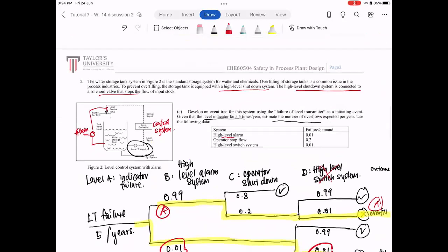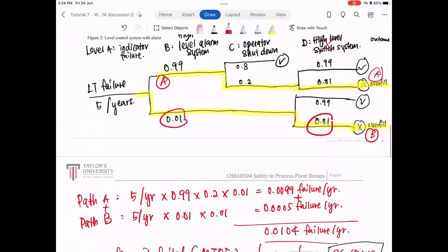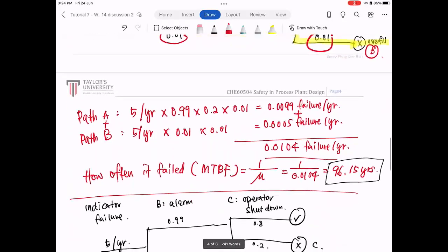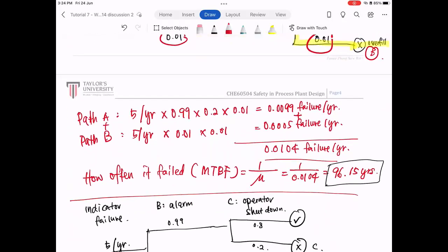Look, we have this system in place that will prevent overflowing, and according to the statistical calculations of how often it fails, the mean time between failures is 96 years. Yes, this system has been there for the last 20 years, and we don't see it in play because according to statistics, it will not happen in 20 years.